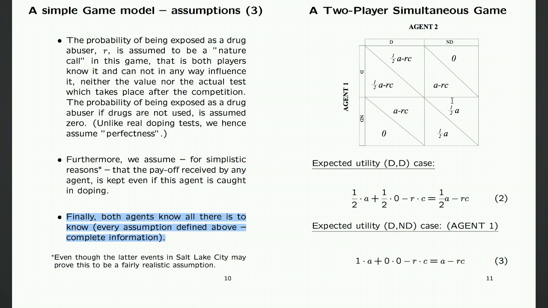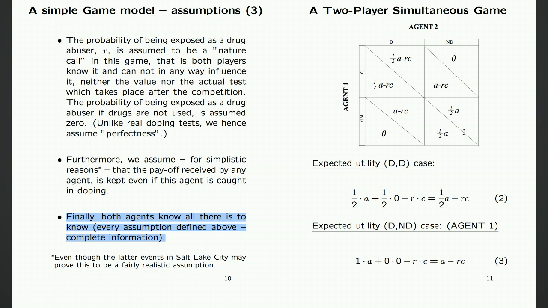We can start at the bottom with this square here. In this case, agent 1, which is one of the athletes, chooses ND, which is not doping. The same for the other, so nobody takes drugs in this situation. In that case, as our assumptions indicate, there is no risk of being exposed as a drug user, so this cost C of being exposed is not present.